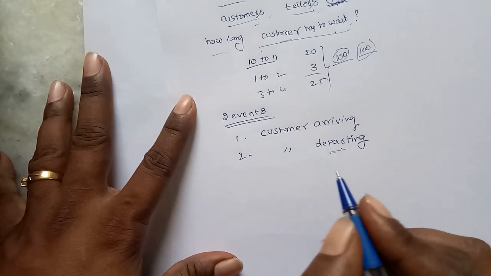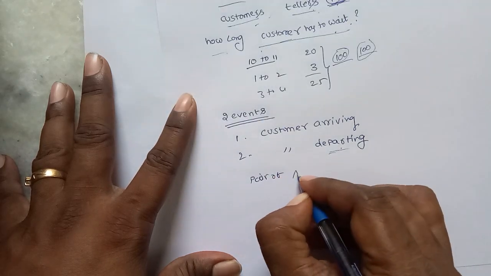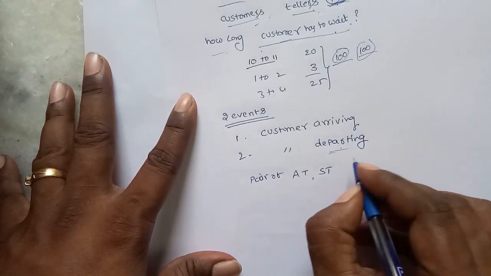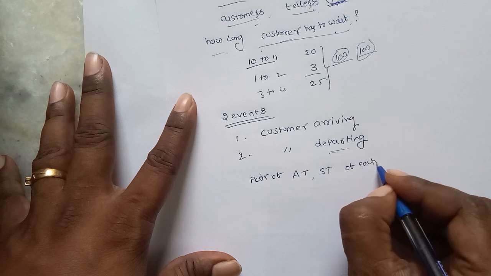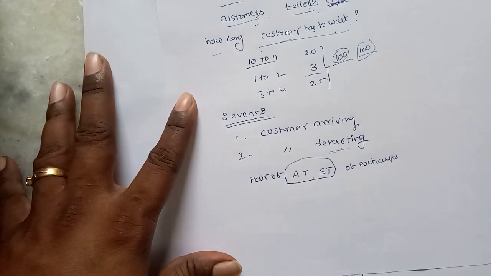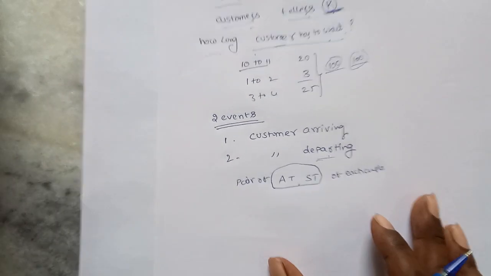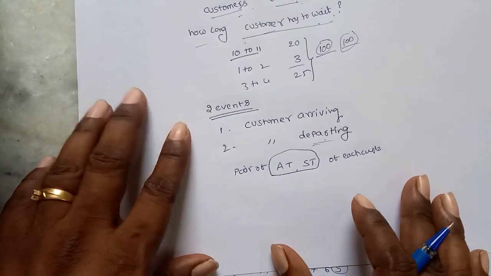Now I am maintaining a pair of arrival time and service time of each customer. To calculate the probability distribution, I am maintaining arrival time and service time for each customer.